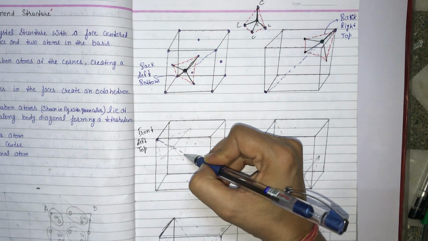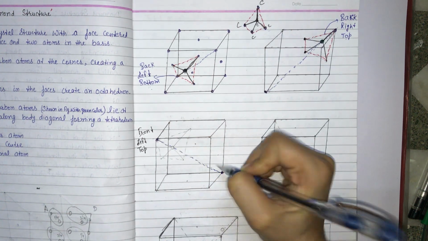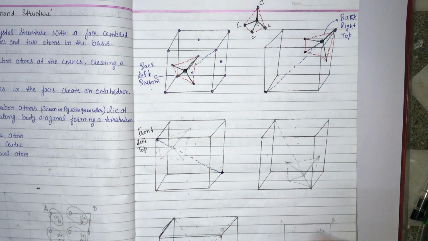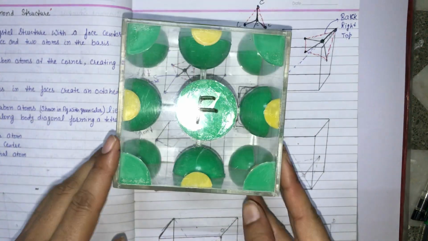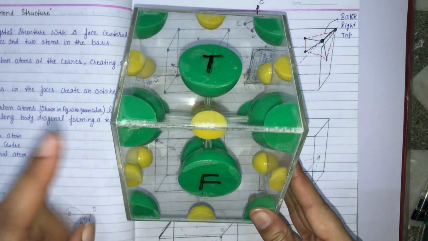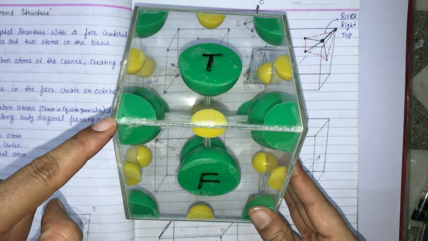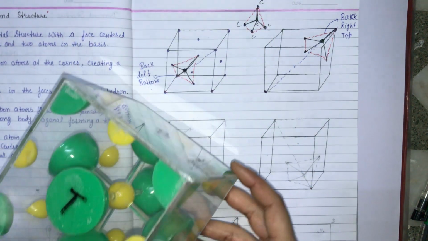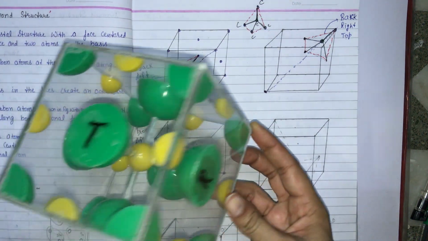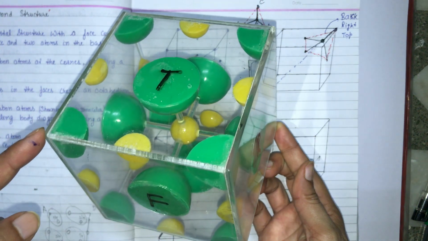Then this will make a body diagonal. Clear? To mark this position here, this is the front face, left top is joined with the back, bottom and right. This is a body diagonal.